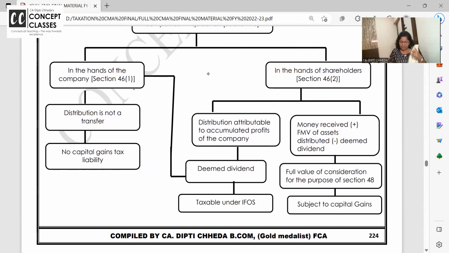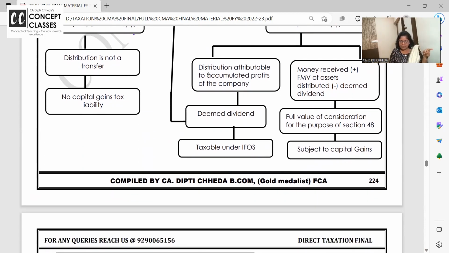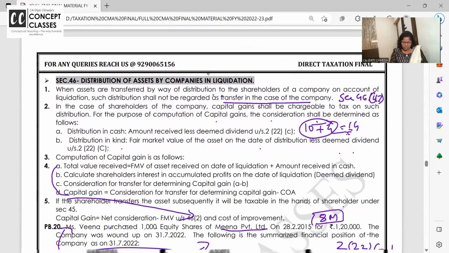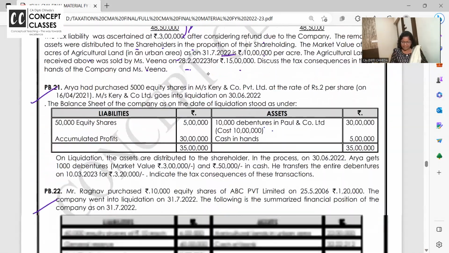In the hands of the shareholder, whatever comes out of accumulated profit is deemed dividend, other sources. Whatever comes for shares, total minus deemed dividend, routine capital gain. Flow chart, then these points, and then this problem. If you practice for 10 minutes and then do the homework, it will be clear.